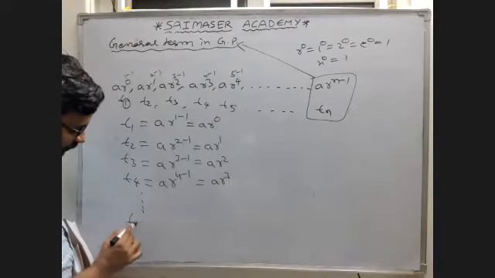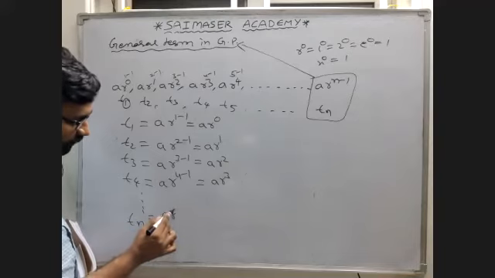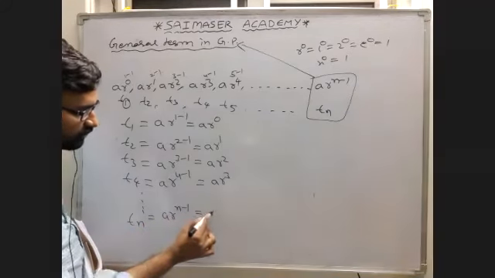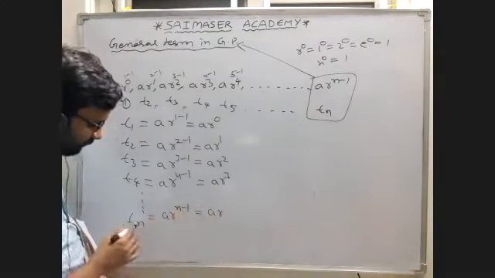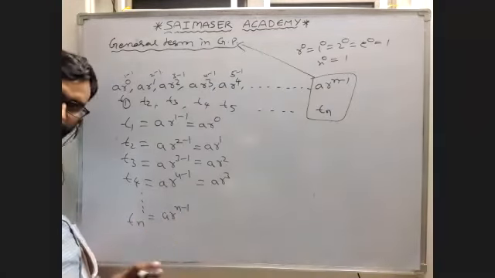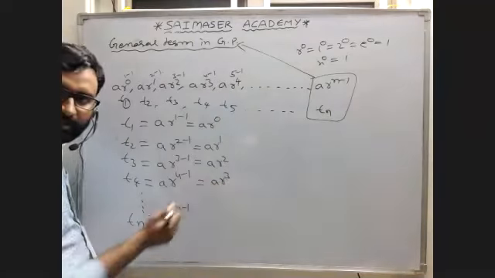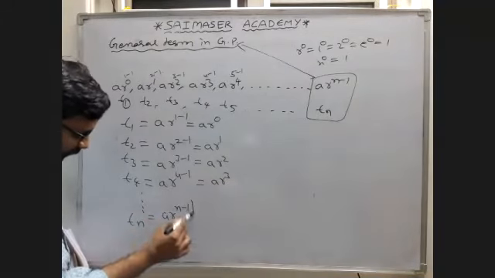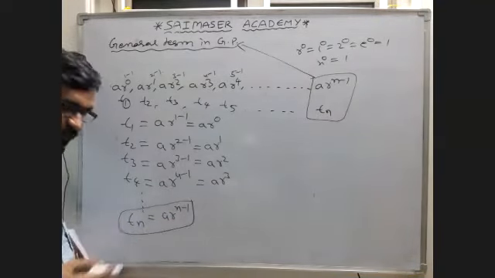Similarly, nth term Tn is A R power n minus 1. For 4 minus 1 we can write 3, but for n it is only n minus 1. So what is the last term? A R power n minus 1.